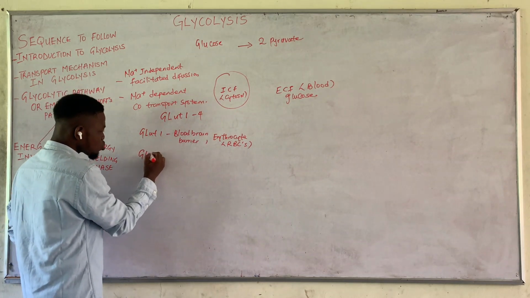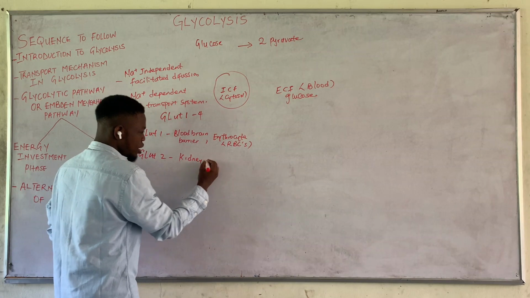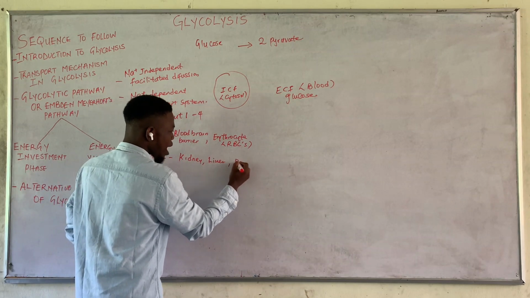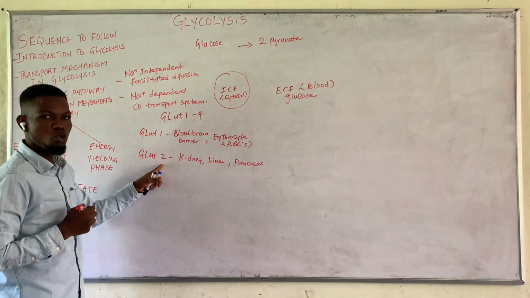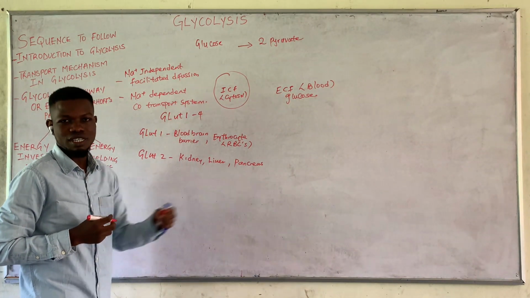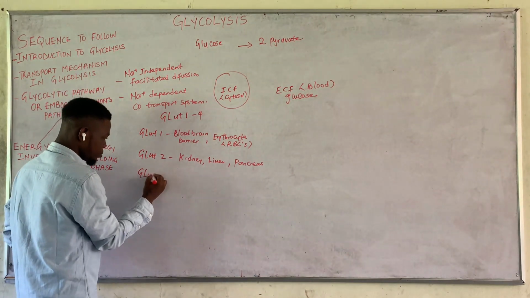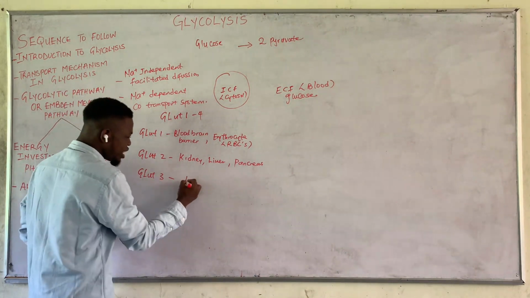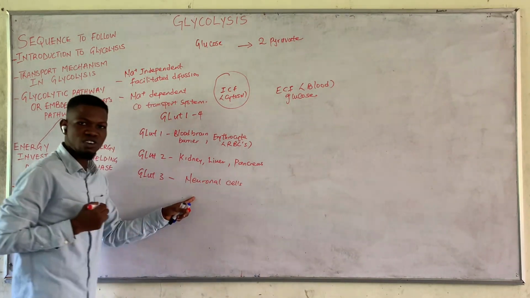So glucose transporter 2 can be seen in the kidney, the liver and the pancreas, the beta pancreatic cell to be precise. Then GLUT3 can be found in the neuronal cells. It is very abundant in the neuronal cells.